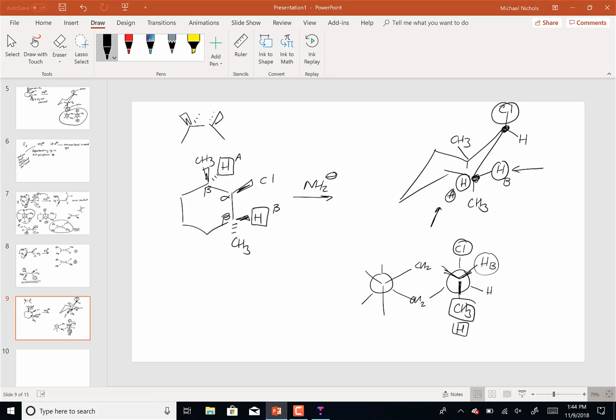So we can take the anti-periplanar and say something fairly straightforward, which is that in these ring systems, the beta hydrogen must be trans to the leaving group. So HA is being removed because it's trans to the chlorine.